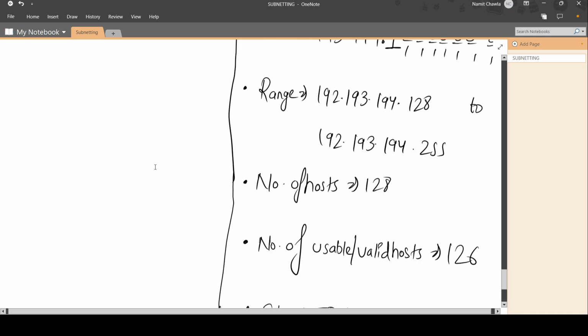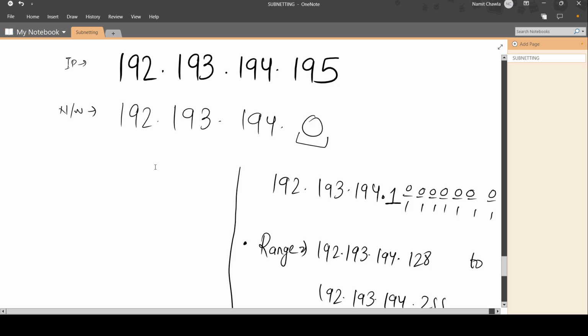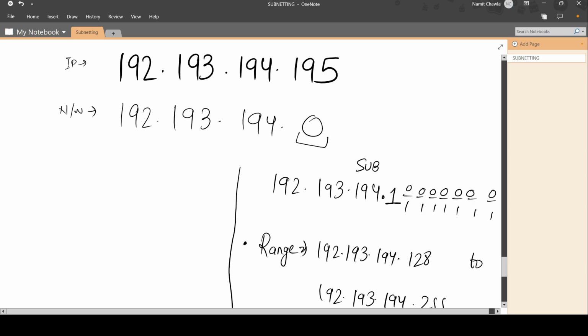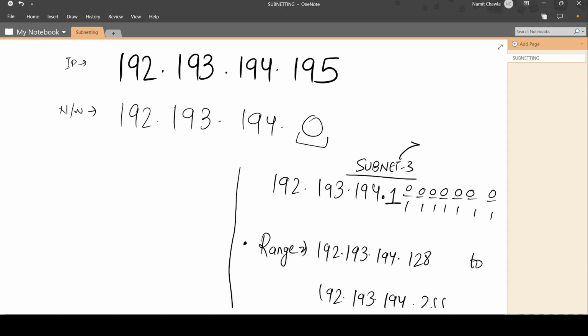Okay, going to the other side, the subnet 3 is already done, so I'll give the heading as subnet 3. I have created it for how many hosts? 128 hosts.